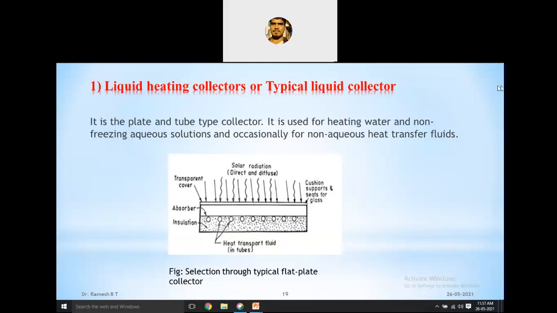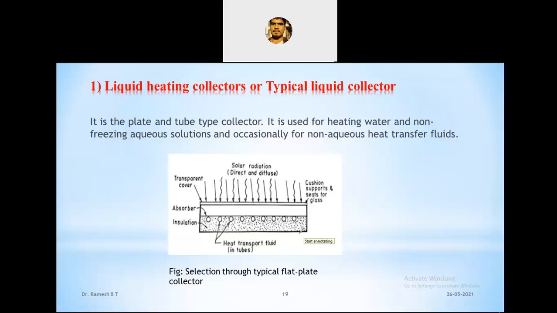In the casing, the insulator is provided at the bottom. This is the casing, and this is the insulator they are providing.